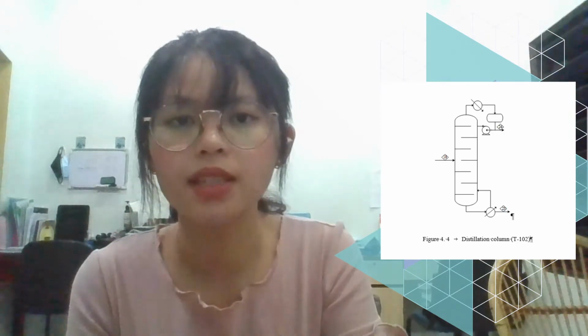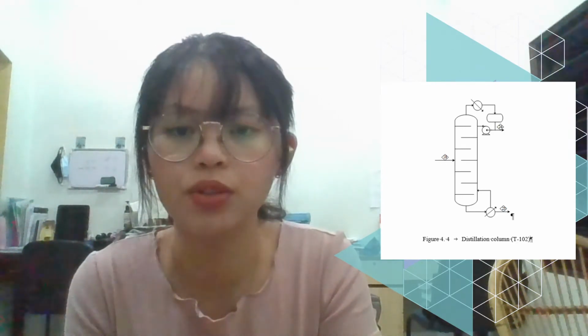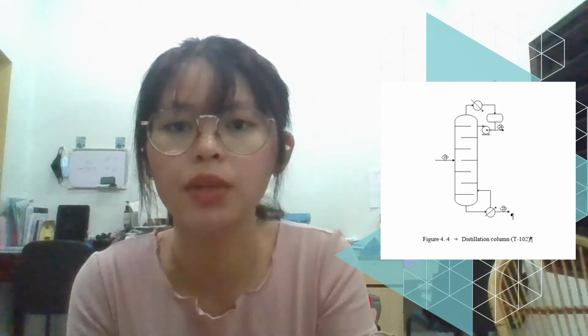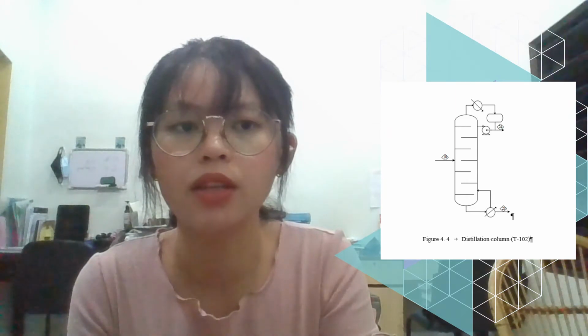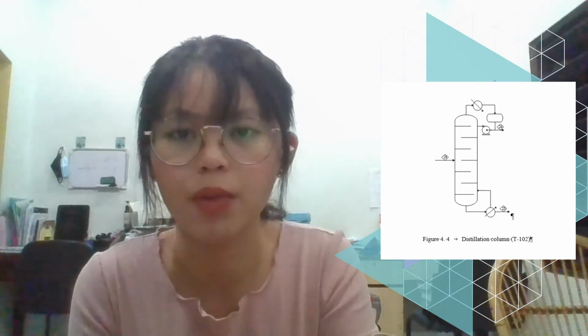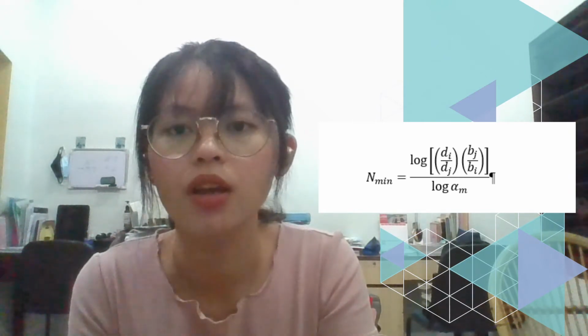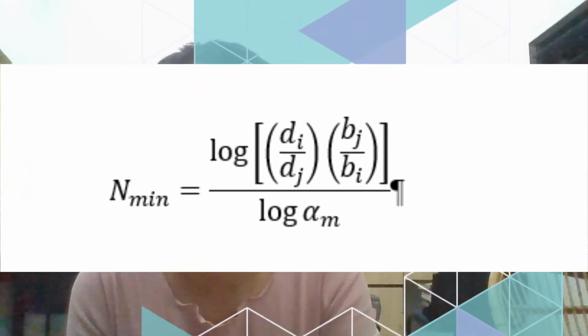The shortcut method, Fenske-Underwood-Gilliland method, or known as the FUG method, is used to calculate the required parameter values in distillation column T102 because the feed to T102 is multi-component. The Fenske equation is used to calculate the minimum number of equilibrium stages and the distribution of non-key components, which correspond to total reflux. There are several assumptions of this method. First, the process is in steady state and there are no heat losses between the reboiler and condenser.